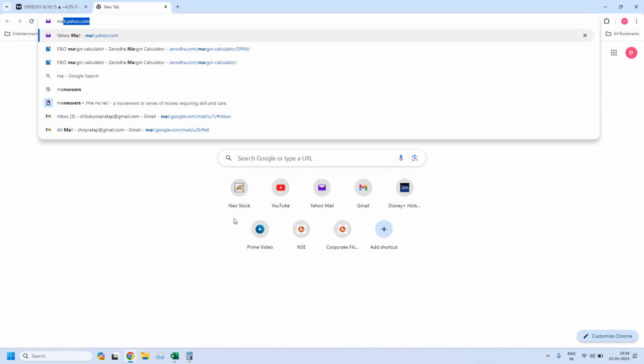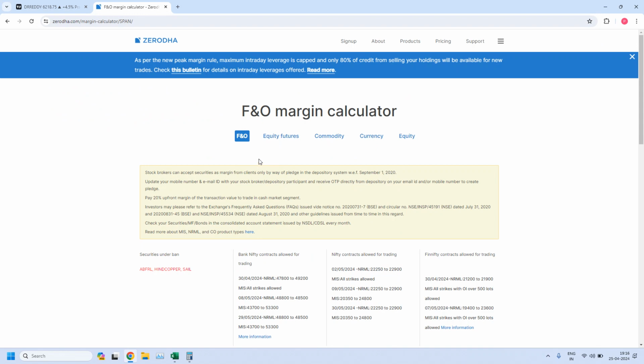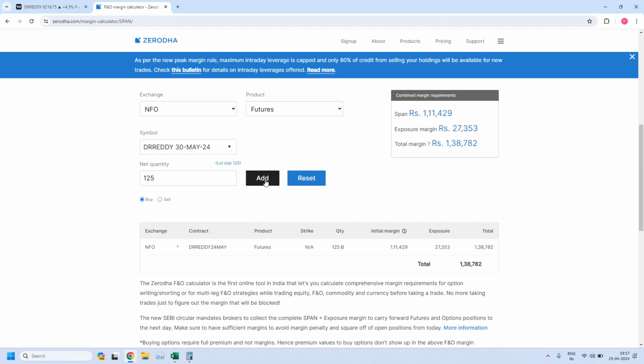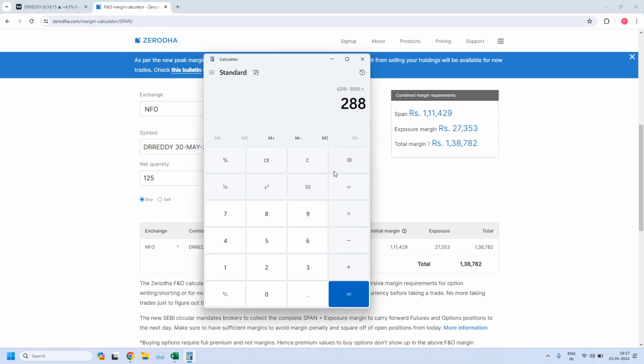Let us see the margin calculator. Today is the expiry date, so it won't allow. Let us go to May. This is just approximate, I am saying, into 125, you would have got 36,000 rupees profit.